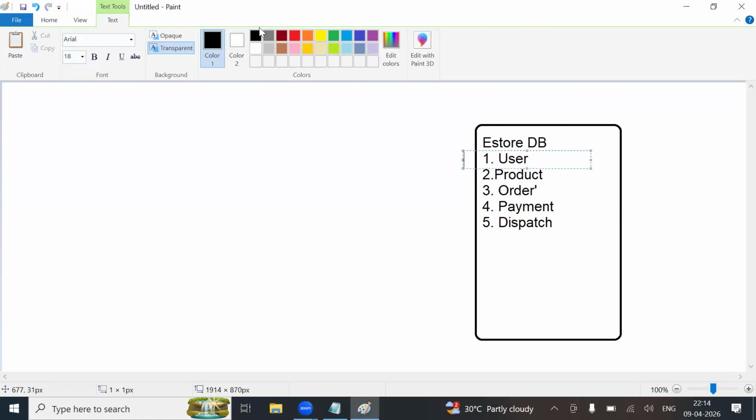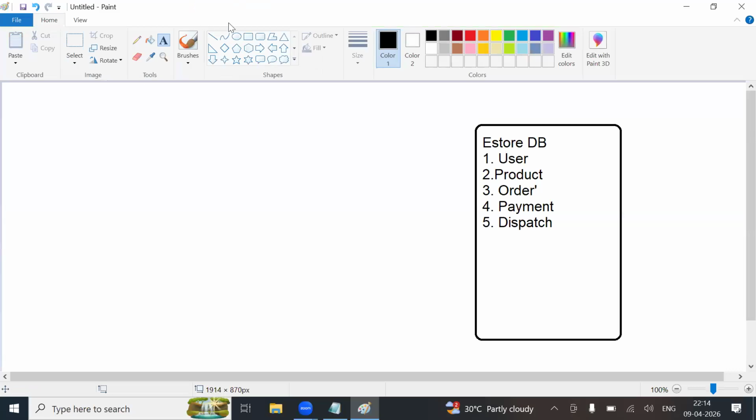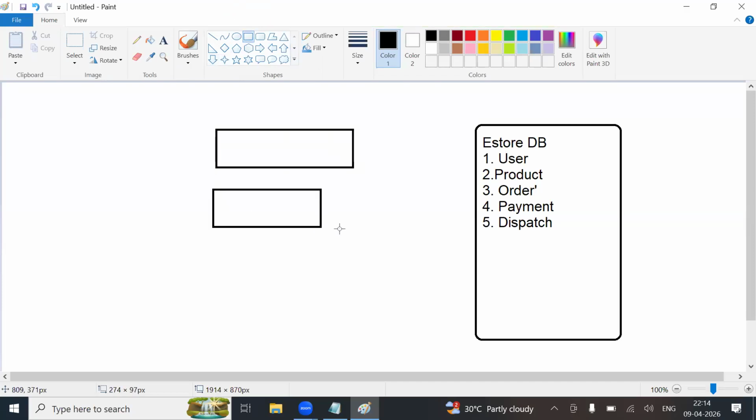Now what I'm planning to do with the single database, I'm trying to create independent microservices.